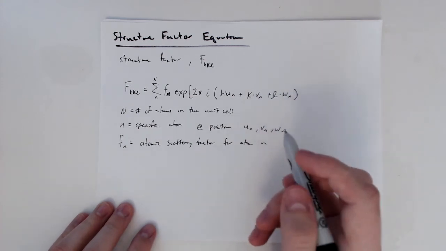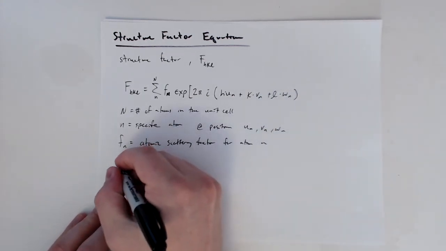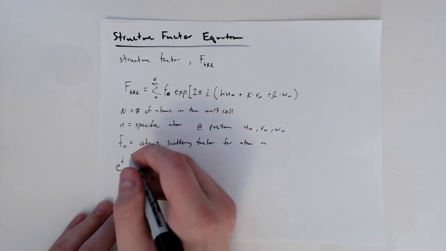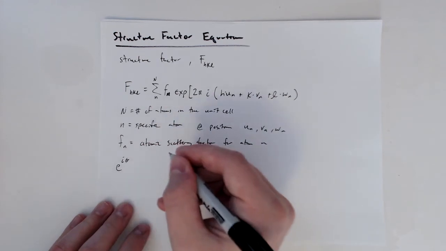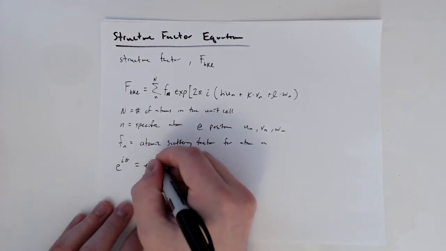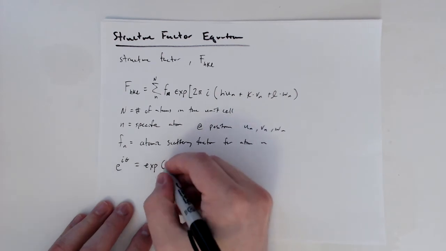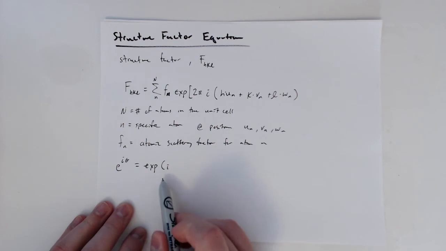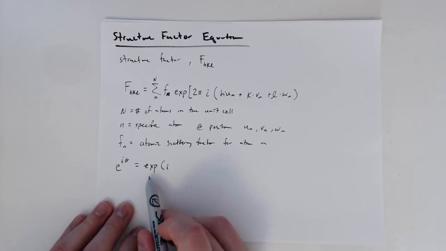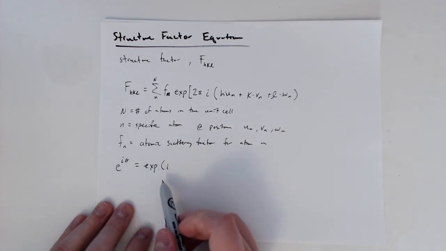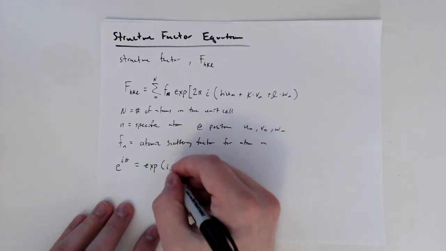One realization we can make is that if we have an exponential of i times something, I'll just put theta here, then we can also look at that in terms of exponential. Some people aren't familiar with this writing, but that's just e to the power of whatever.